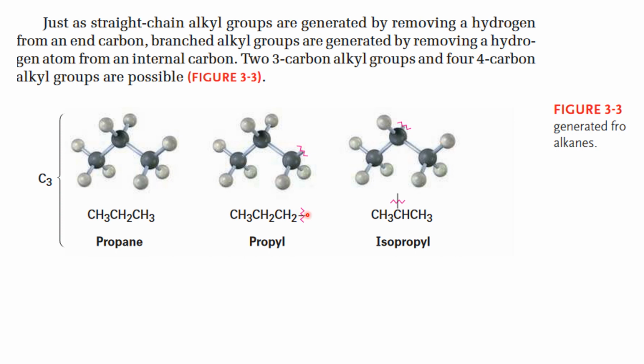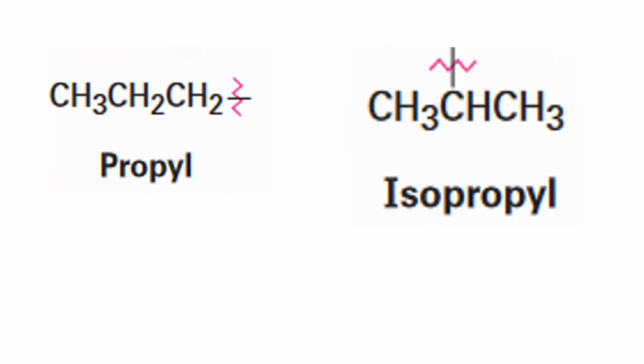But if the hydrogen is removed from an internal carbon, like this middle carbon, this will be given another name. This is called isopropyl. So propyl is different from isopropyl.